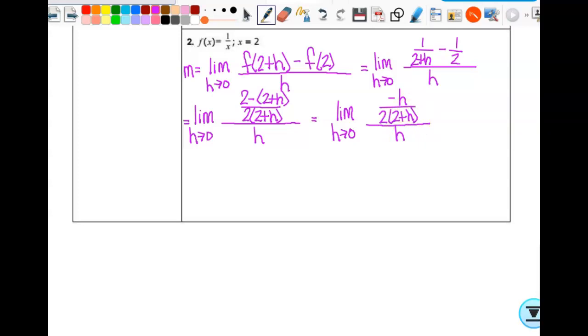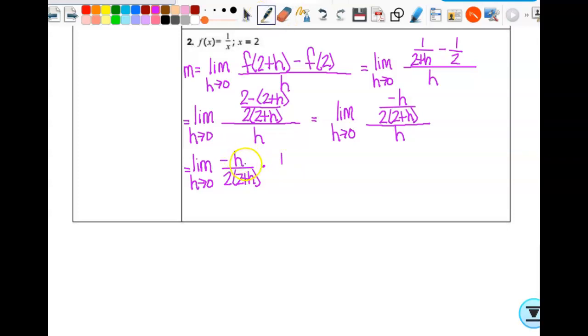Okay. So I have a fraction and a fraction, so I want to multiply by the reciprocal. This is equal to the limit as h approaches 0 of negative h over 2 times 2 plus h times, oh, why did I put a 5? I don't even know where that came from. Wow. My brain and my hand are not agreeing.